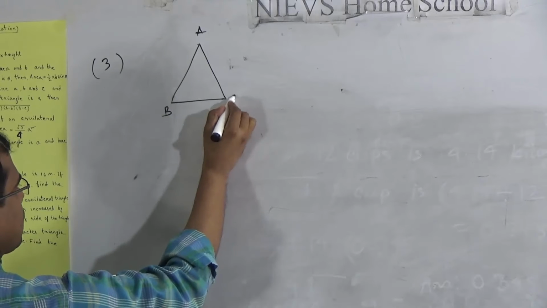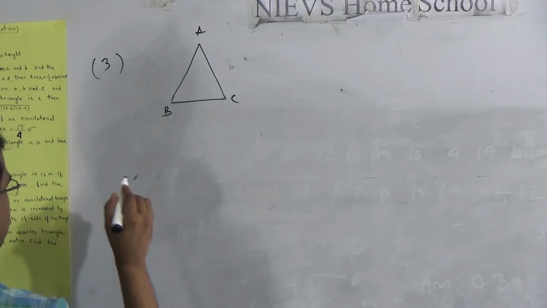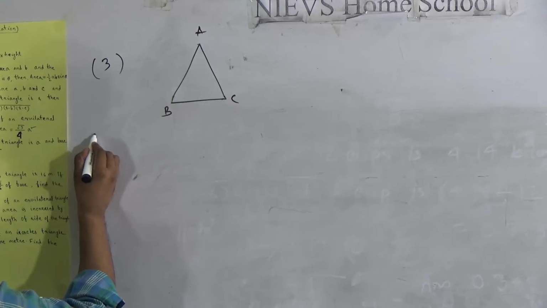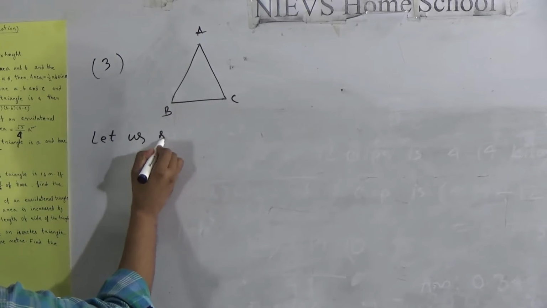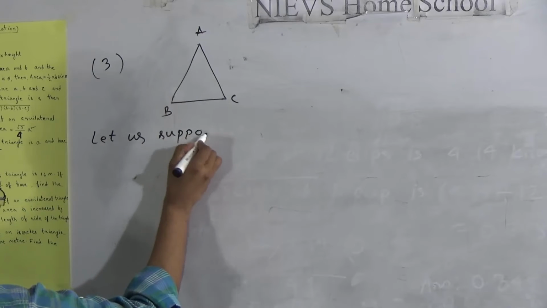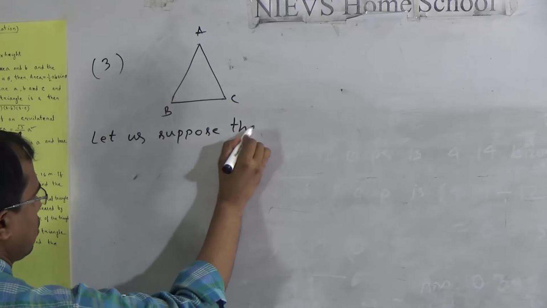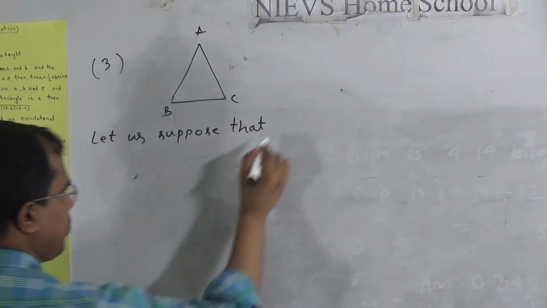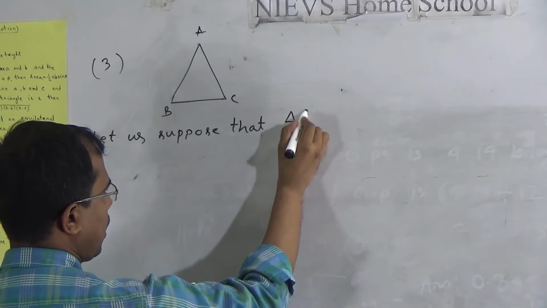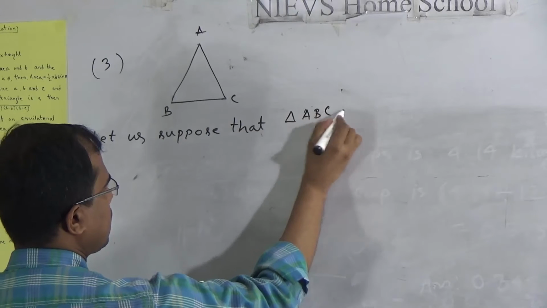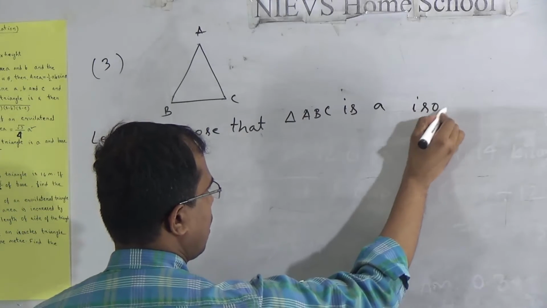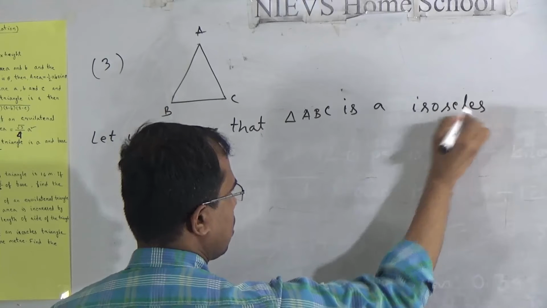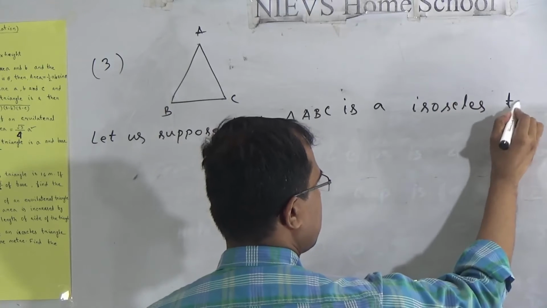Let us suppose that triangle ABC is an isosceles triangle.